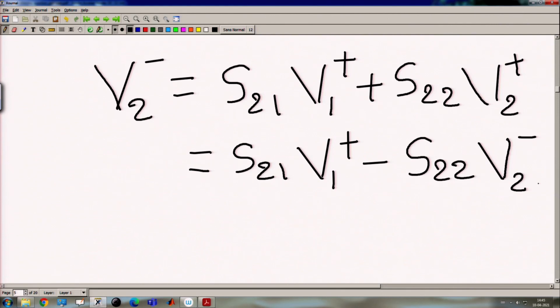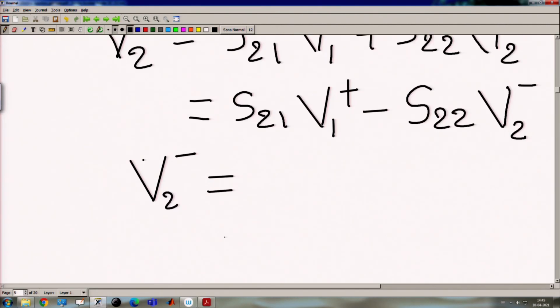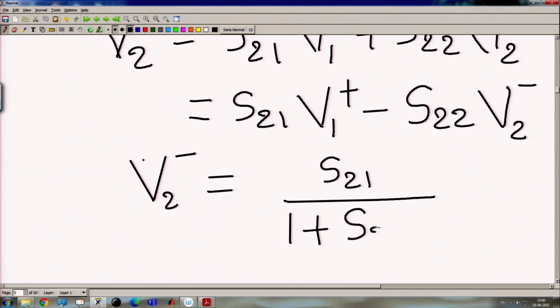From this expression, after taking V2 minus common, we can write V2 minus equal to S21 divided by 1 plus S22 into V1 plus. So, this is V2 minus.